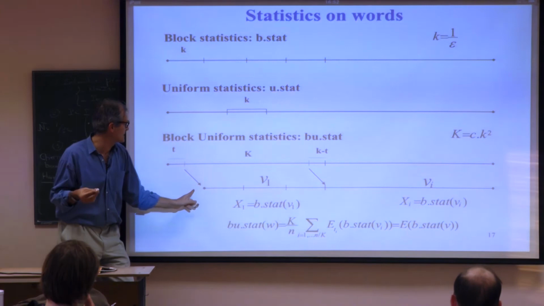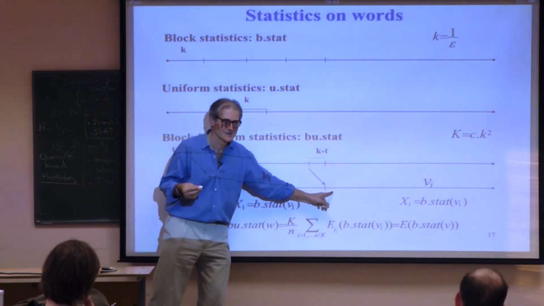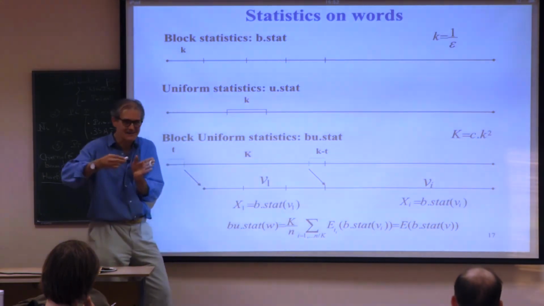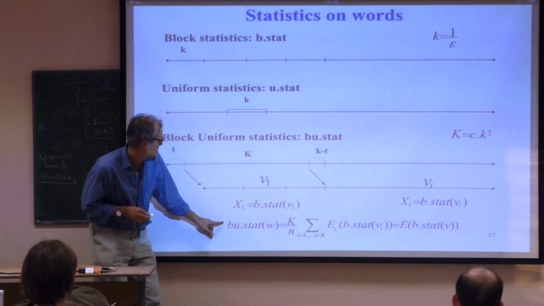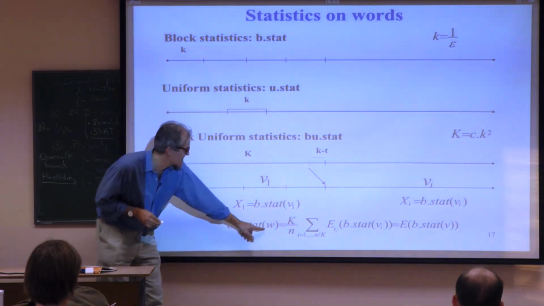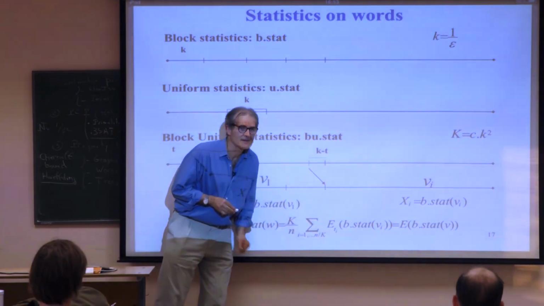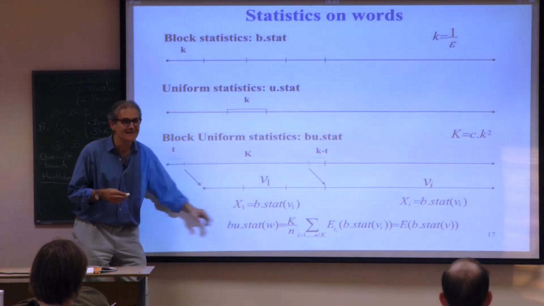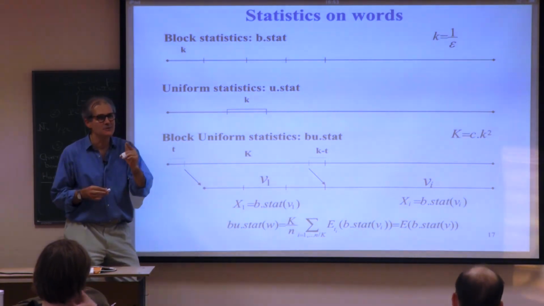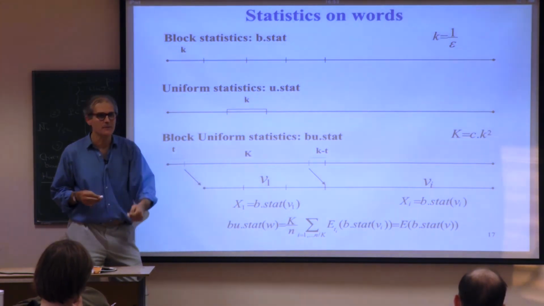It's exactly what you're doing here, except you're doing a random shift on a big block that you consider as big blocks. All right. So obviously now the BU stat will be the expected B stat of this whole operation. So the BU stat is the expected value of the B stat, which is a random operation.